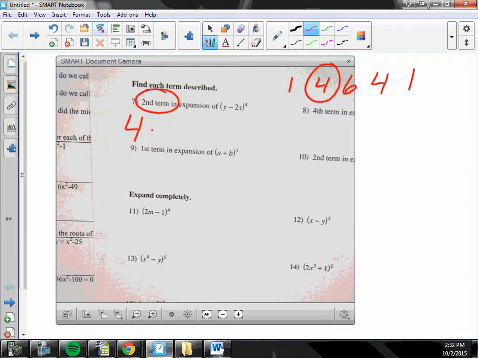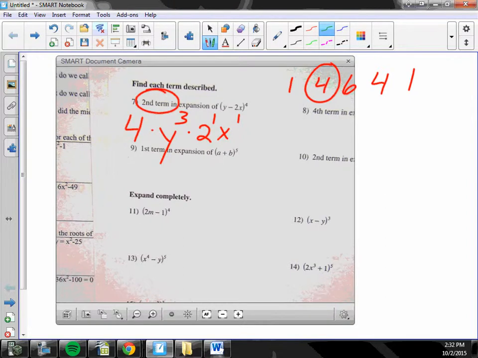So I need y to the third times 2 to the first, 2x to the first. So 2 to the first, x to the first. So what's my answer? Yes, it's negative.